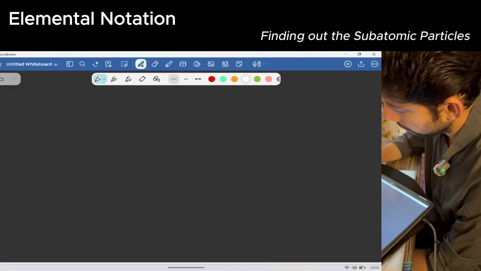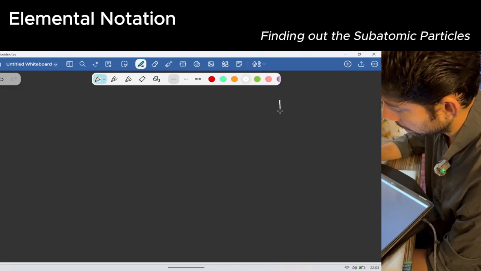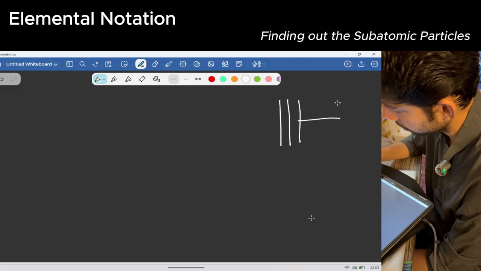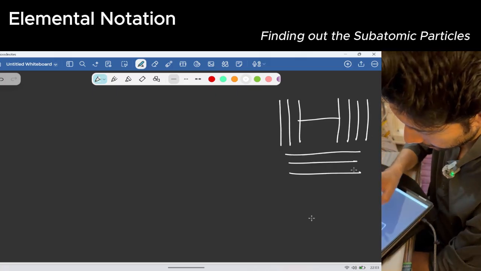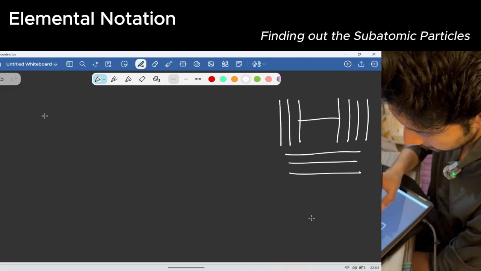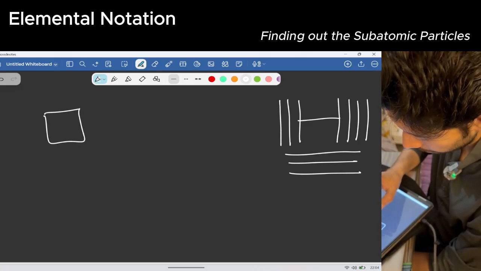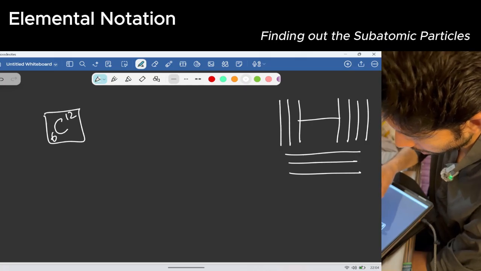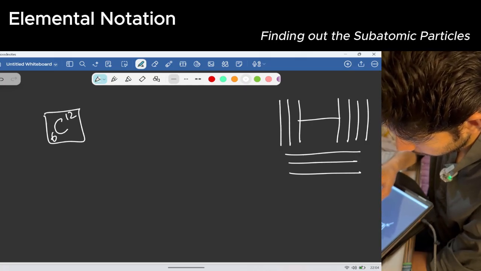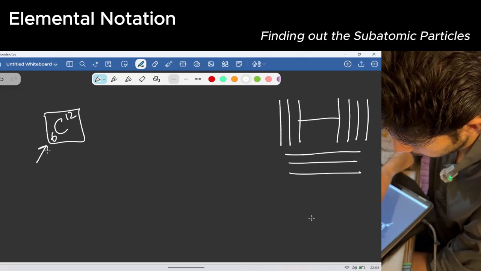All right, everybody. So today we will discuss the subatomic particles. By looking at this periodic table, you can see that you've got a lot of boxes like this, which I'm trying to make. So this is an elemental notation for carbon. You can see there's a small number and there's a big number.